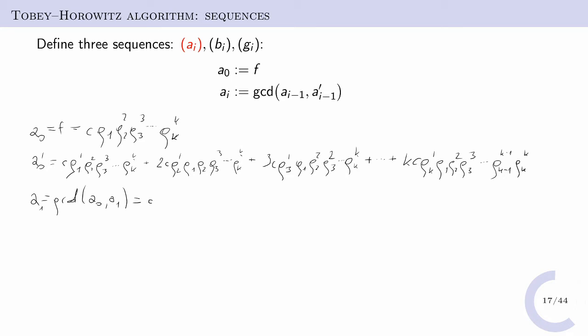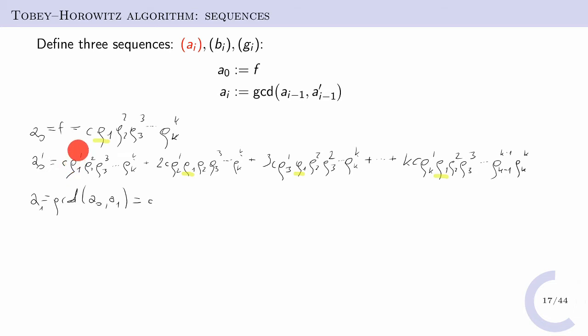Now we look at g1. G1 is here, g1 is here, g1 is everywhere except the first term. In this first term, we do not have g1. We have g1 prime, which is relatively prime to g1 because g1 is square free. It's square free, so it's relatively prime to its derivative.